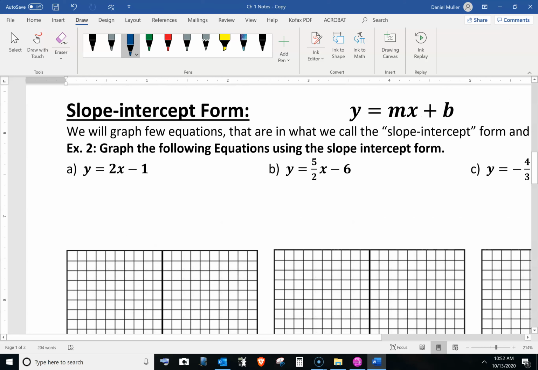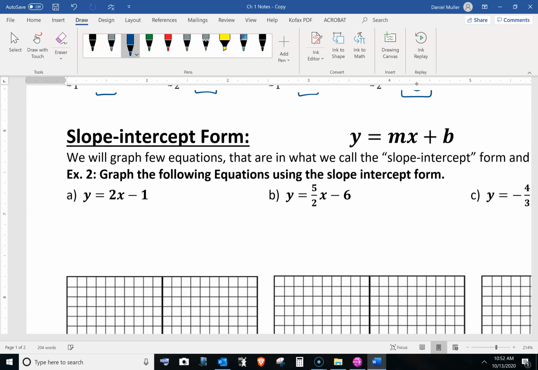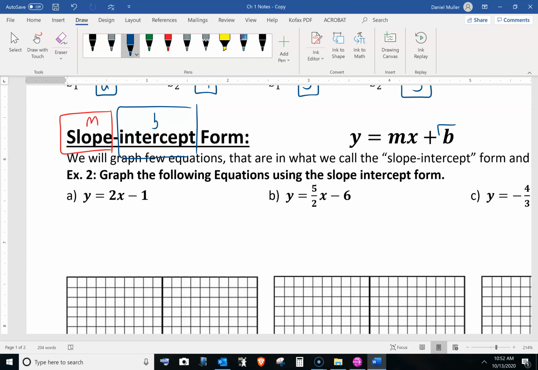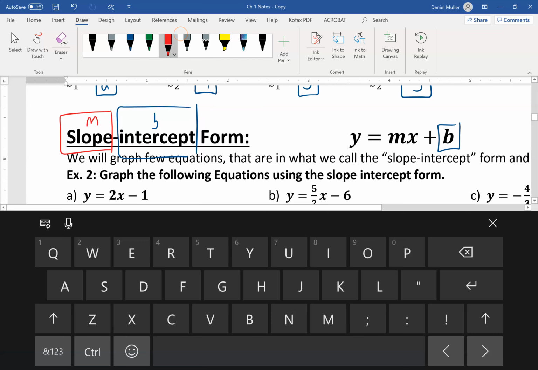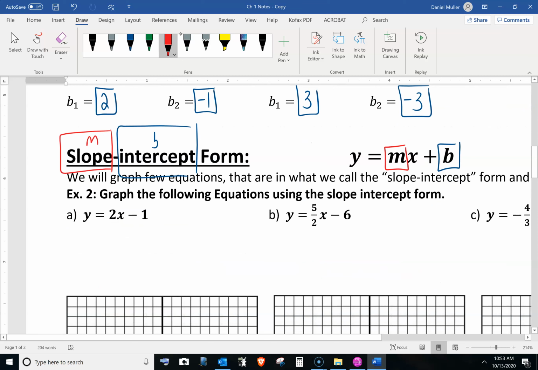And what we're going to do is graph using the slope, so rise over run, and we're also going to graph using the intercept. Now remember that slope is considered the letter M, and the y-intercept we called the letter B. And notice that there's a B here in our formula, and there's an M in our formula.